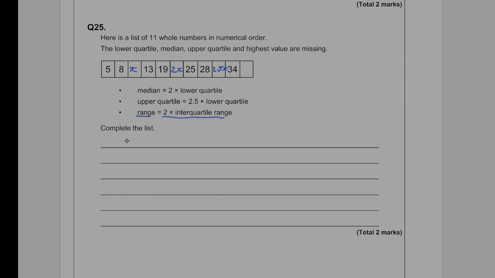So the interquartile range is going to be equal to 1.5x. Then the range has got to be equal to 2 times the interquartile range, so it's got to be equal to 3x minus 5.